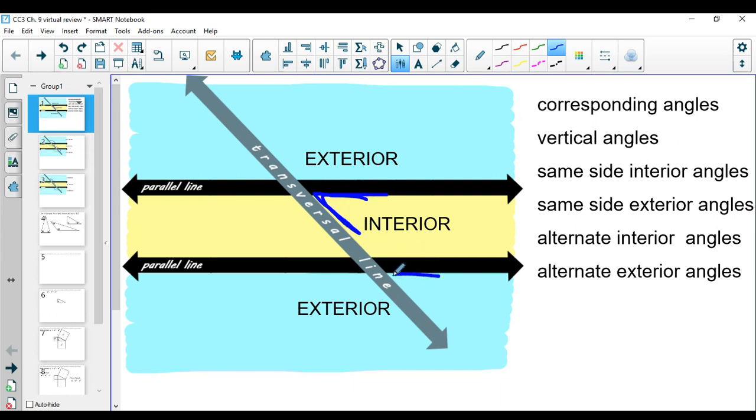But in every case, they're always in the same location compared to the transversal and the two parallel lines.